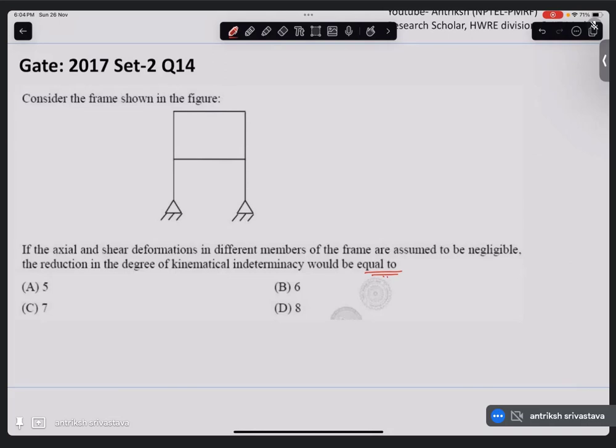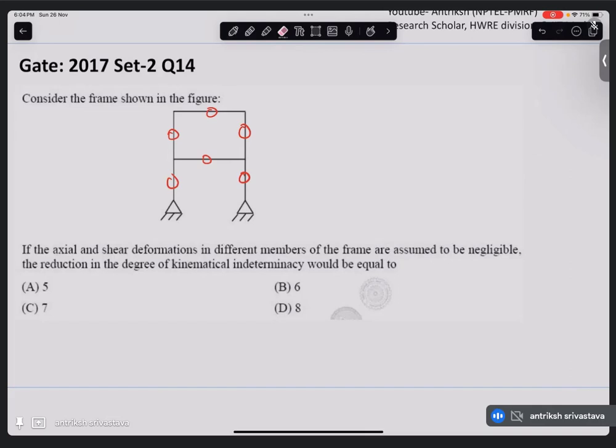And this question says that if we assume that there is going to be no axial movement and these members are going to be rigid, right? They are going to be inextensible. Then by how much will the degree of kinematic indeterminacy decrease?